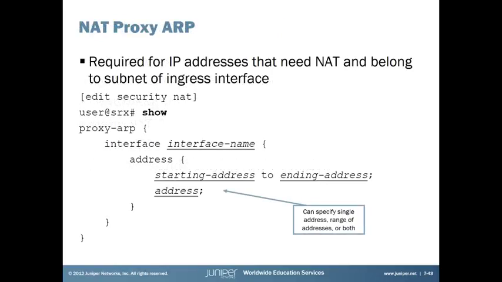Proxy ARP is what we use to overcome the problem of the public address being potentially different, or actually different, to the address we've got configured on our public interface. So we've got one address configured on the interface, right? But we're actually forwarding traffic to a different address, which we're then destination NATting.